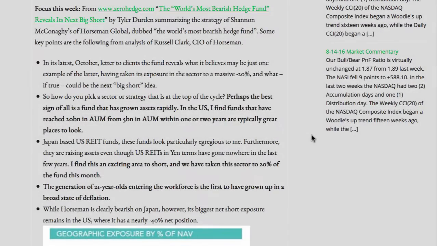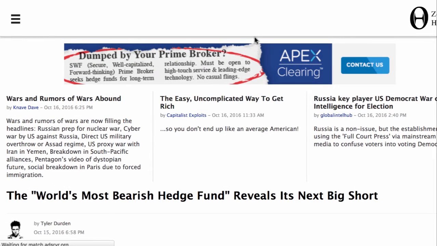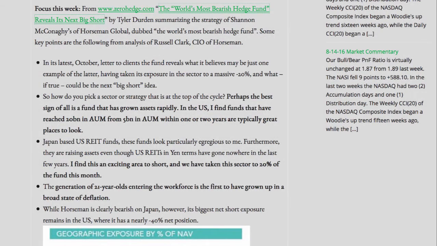Focus this week from www.zerohedge.com. The world's most bearish hedge fund reveals its next big short, by Tyler Durden, summarizing the strategy of Shannon McConaughey's of Horseman Global, dubbed, quote, the world's most bearish hedge fund, end quote.